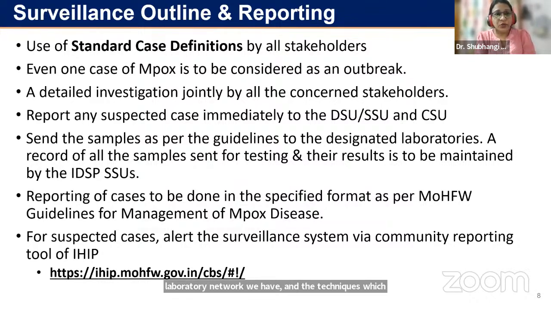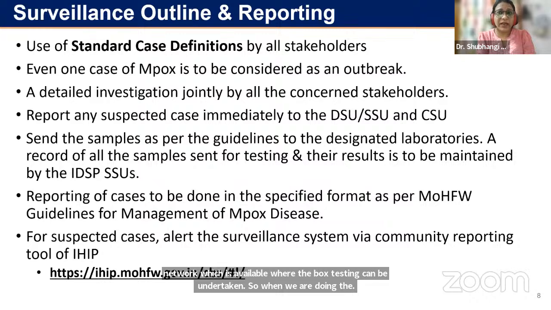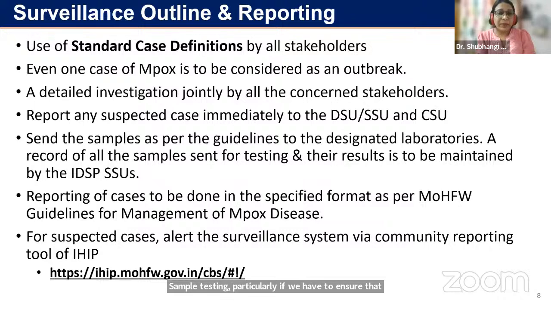So when the surveillance is being undertaken, it has to be ensured that all the DSOs and the state surveillance officers are sensitized about the list of lab network available where the Mpox testing can be undertaken. When we are doing the sample testing, we have to ensure that all these hospitals are aware about the sample collection and transportation techniques, and how to send the samples to the designated laboratories.